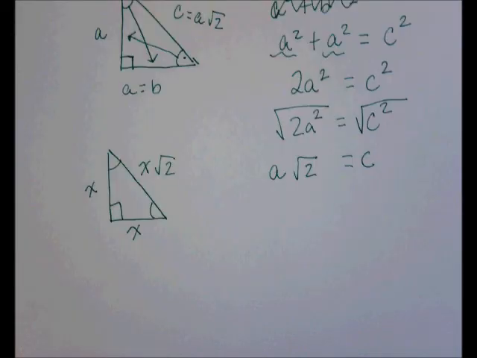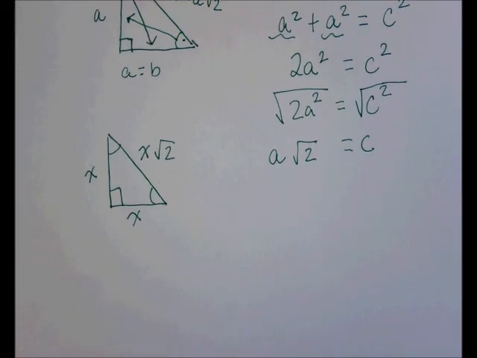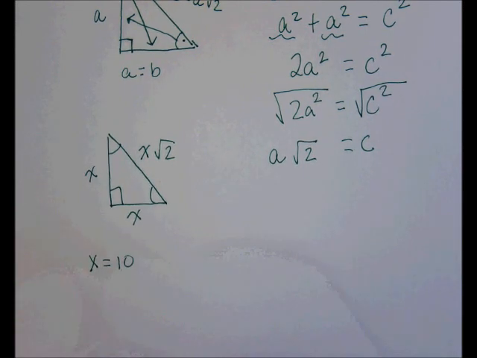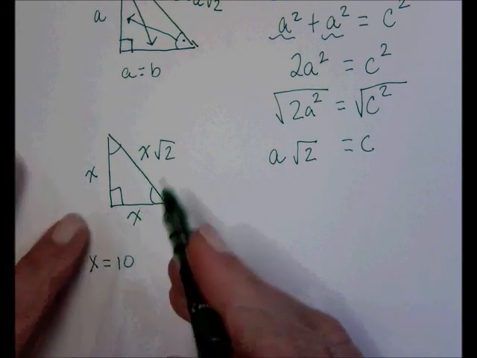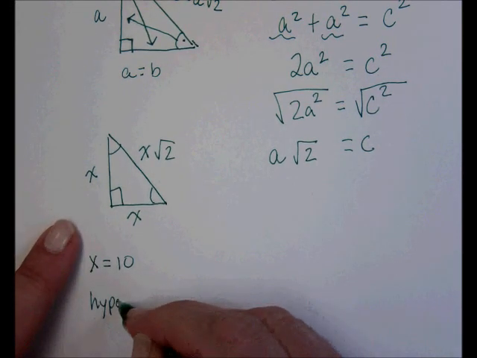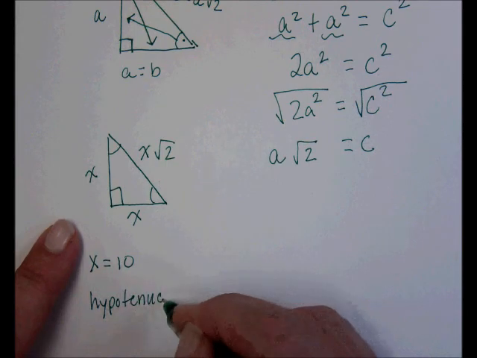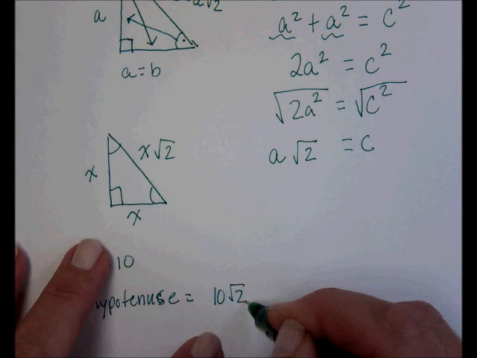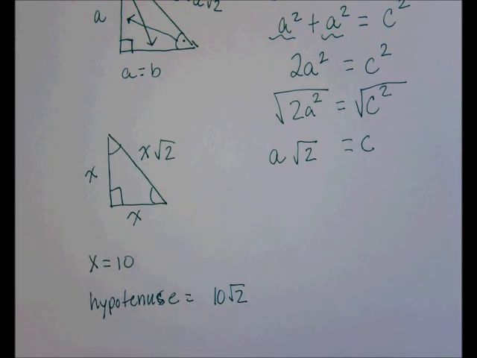So today in class we learned, if I know that x is equal to 10, that's a given, I can plug in x, and then I know my hypotenuse is just 10 times the square root of 2, and that's my answer for my hypotenuse.